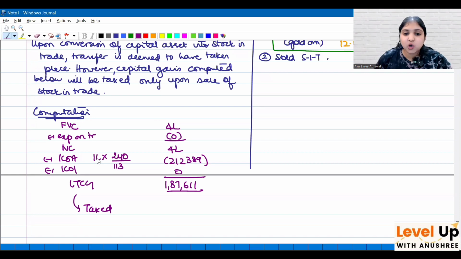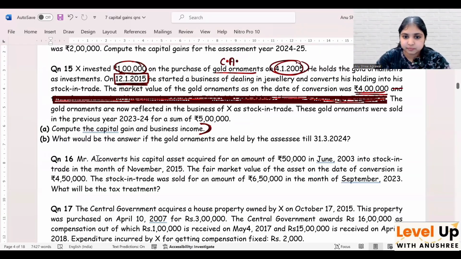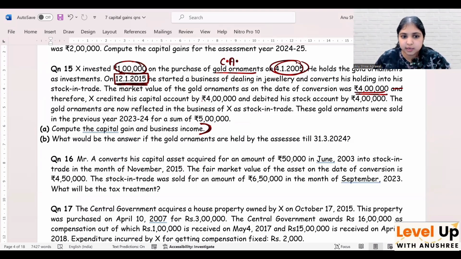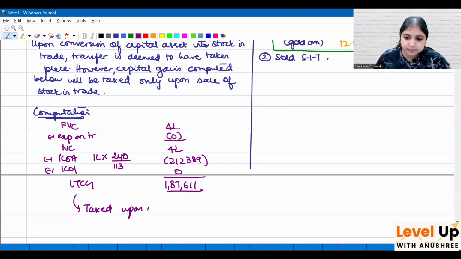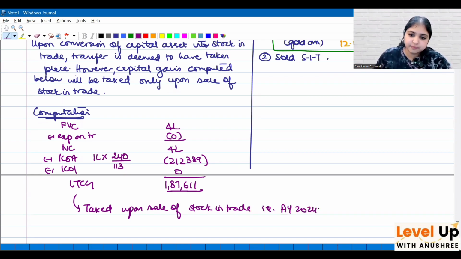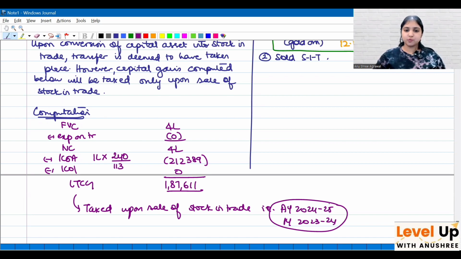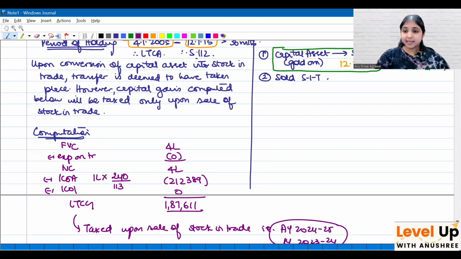When did we sell away the stock in trade finally, guys? See, the question says we sold the stock in trade finally in 23-24. So it will be taxed upon sale of stock in trade, that is assessment year 24-25, previous year 23-24. Perfect clarity?